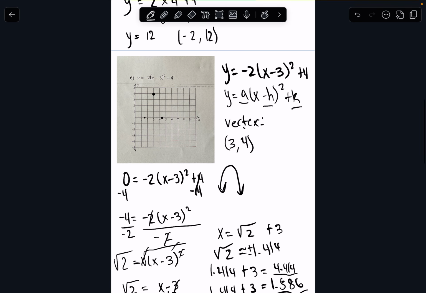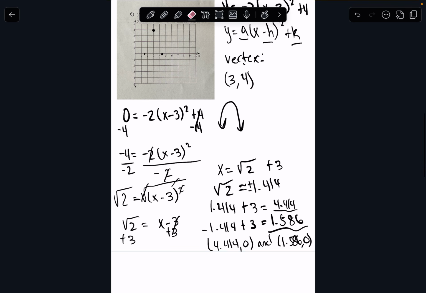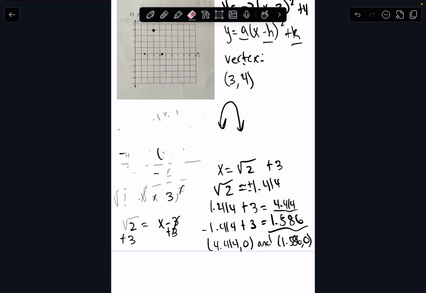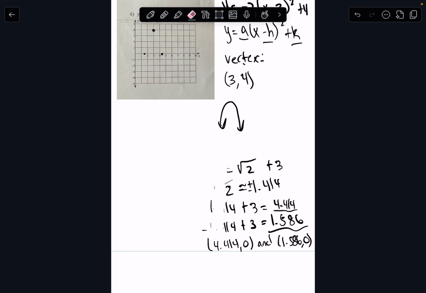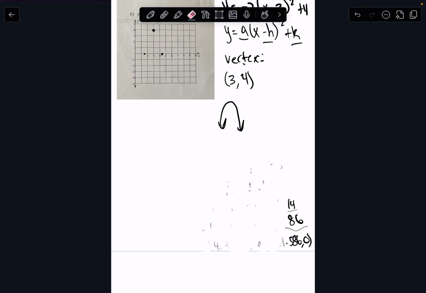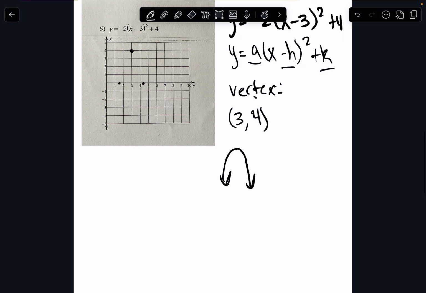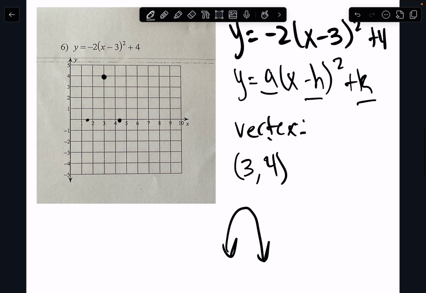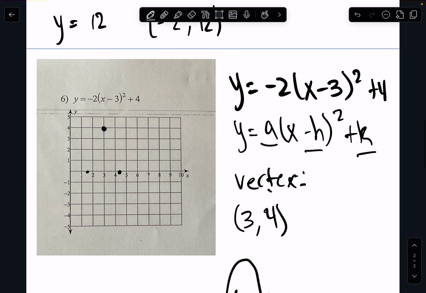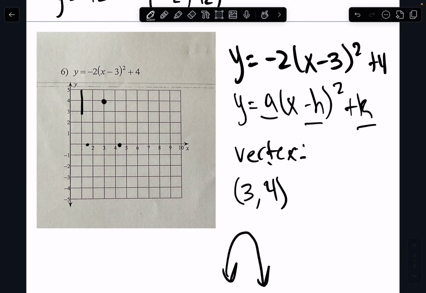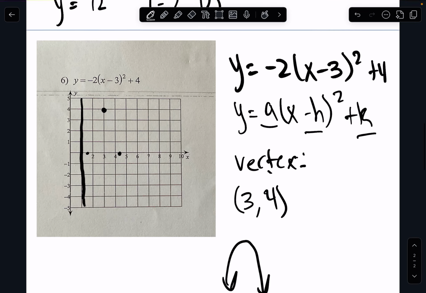Now I'm going to go ahead and erase, and let's look for 2 other points that we can use to make our graph just a little bit more accurate. Okay. Since we got our x-intercepts, I'm going to look for a point along this column right here when x is equal to 1.